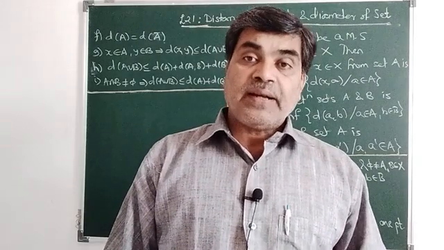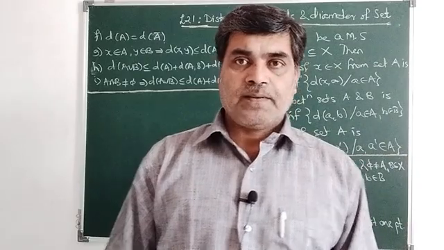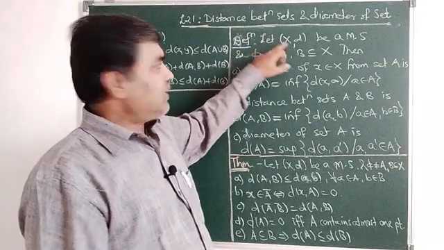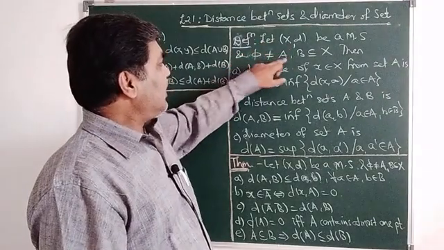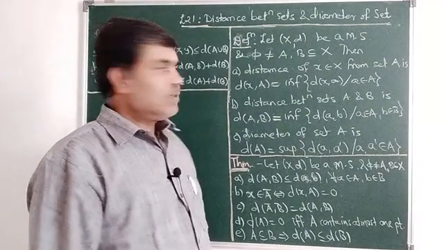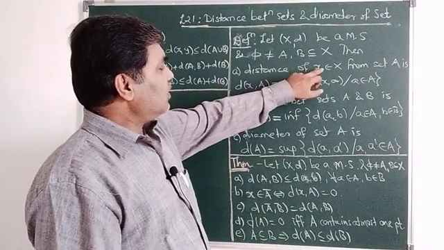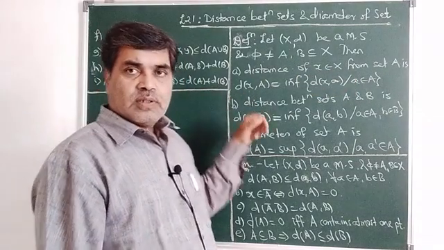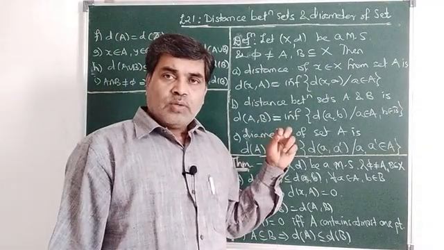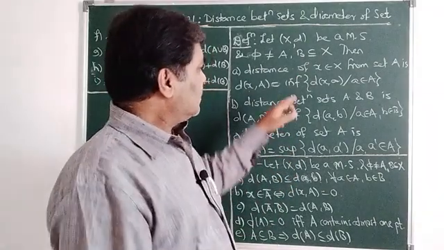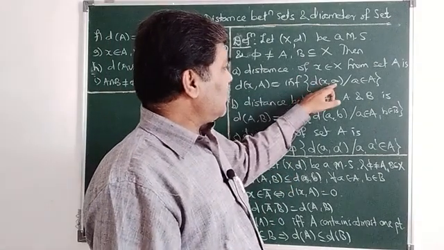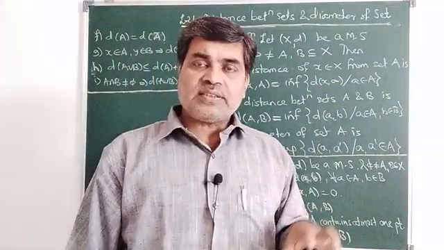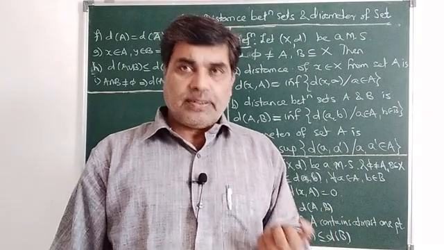Now, who can define it mathematically in a metric space? If (X, d) is a metric space and A, B are non-empty subsets of X, then the distance of any point x in X from set A is given by this: we compute its distance from every point of A, and among all distances we take the smallest value.